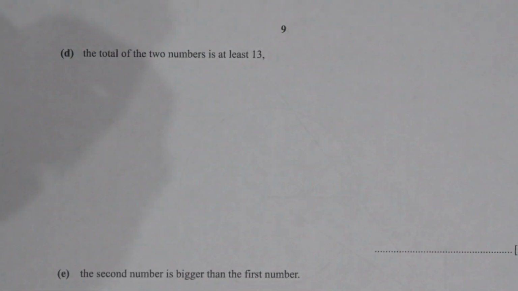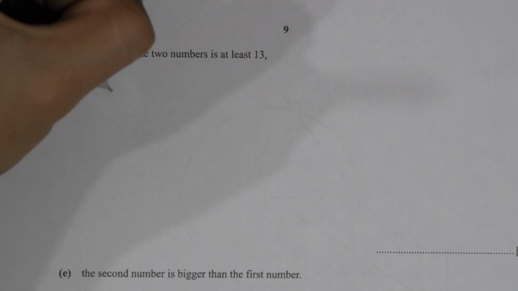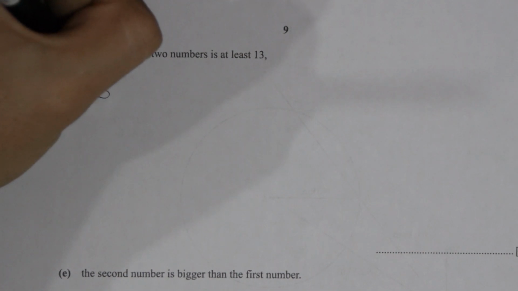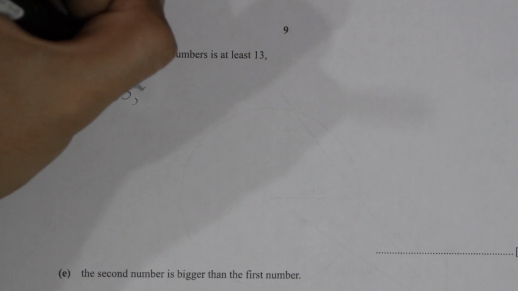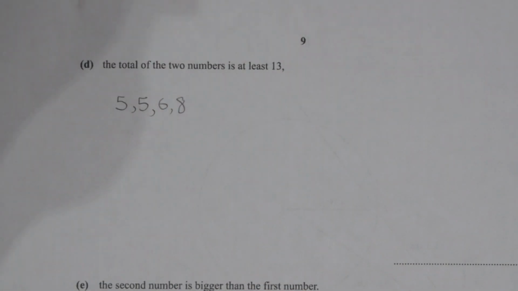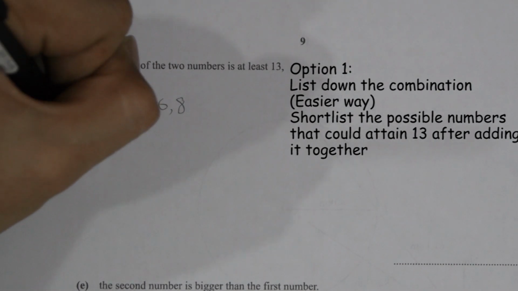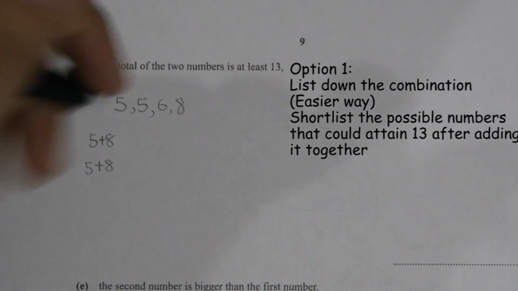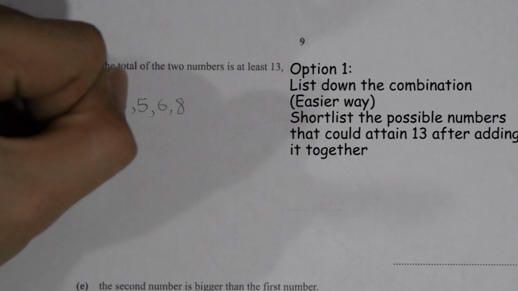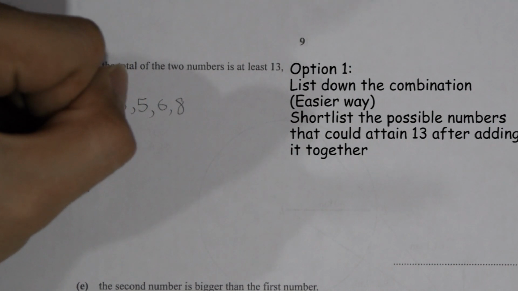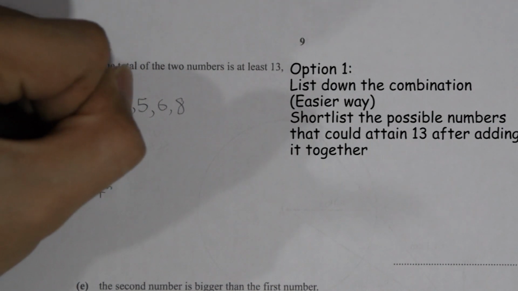For the next question, they say the total of 2 numbers is at least 13. For this one, you are required to screen through all the numbers in the combination. Only 5, 6, 8 are involved. As mentioned earlier, the sequence does matter.